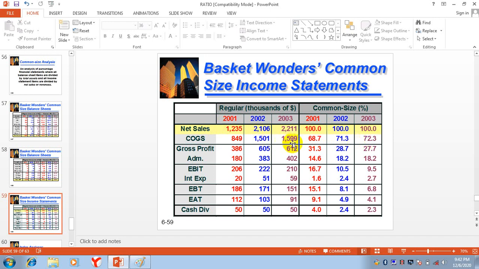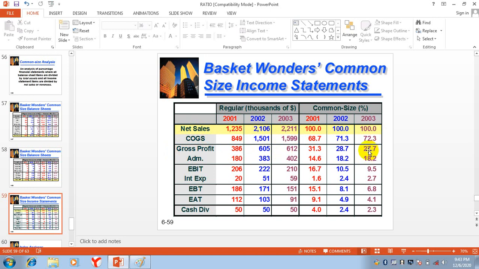So see, cost of goods sold is increasing, which is a weak point because our cost is increasing. Gross profit: 386 divided by 1235, we got 31. 605 over 2106, we got 28.7. 612 over 2211, so we got 27.7.